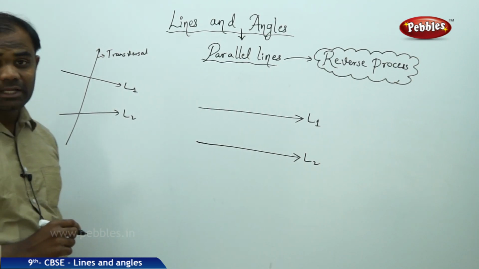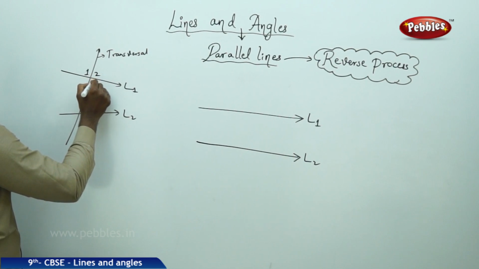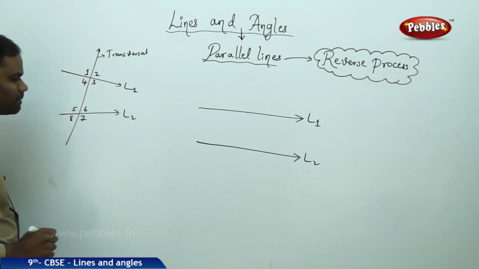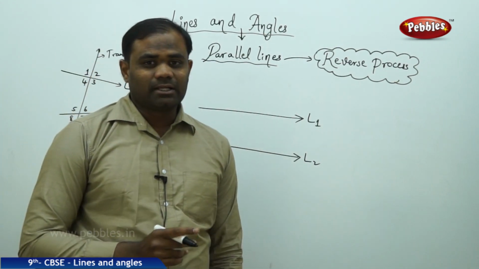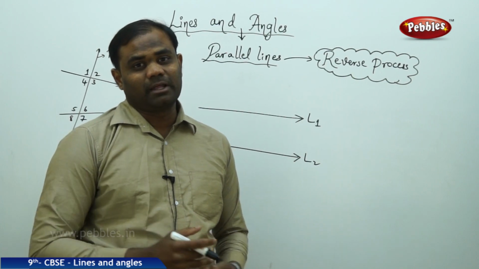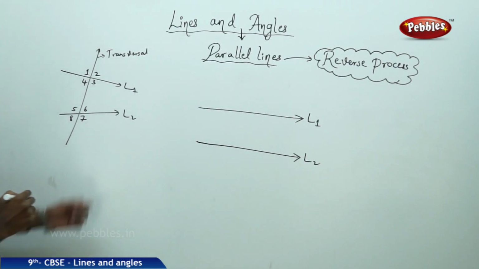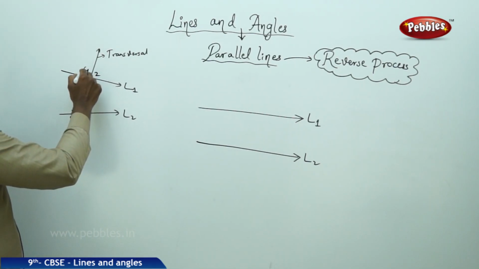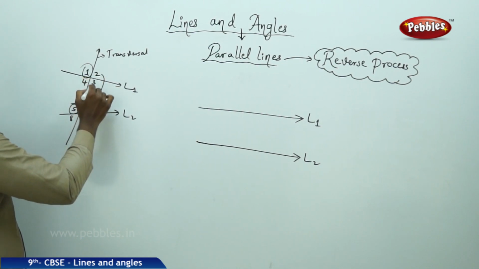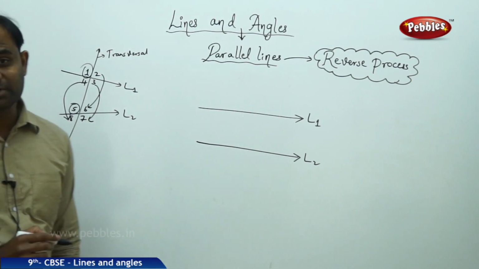Then we know that there are 8 angles formed, 4 with L1 and 4 with L2. Now, when I say that the corresponding angles are equal, let's see if the lines are parallel. So as we know that the corresponding angles are same, that means angle 1 and angle 5, angle 2 and angle 6, angle 3 and angle 7, angle 4 and angle 8 must be same.